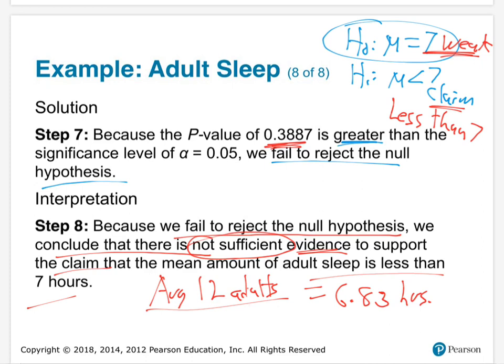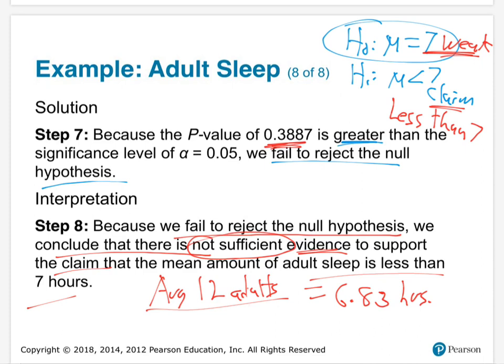In fact, there's a 38% chance of that. That this was just a lucky 12 people that barely came out under 7, and in reality, the real average for all adults, that's what we're trying to determine here, right? You're always trying to get to the real deal. The real average for all adults might be greater than 7.